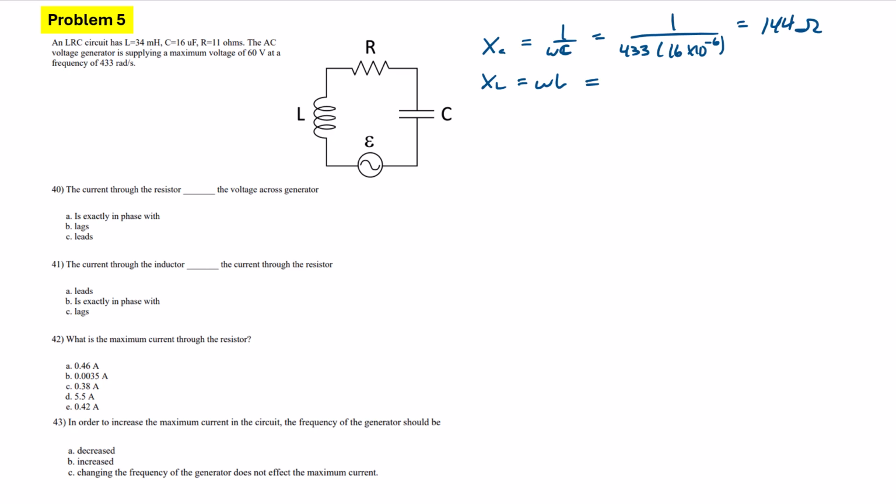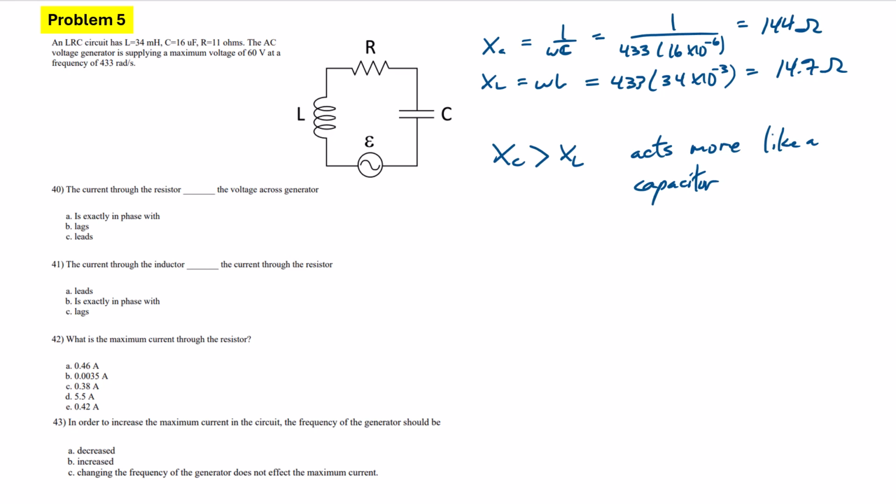We're also told that we have 433, and the inductor value was 34 times 10 to the minus 3. Substitute that, I get a reactance for that inductor equal to 14.7 ohms. Right away we can see that XC is bigger than XL. So this tells me that this circuit acts more like a capacitor than it does an inductor.